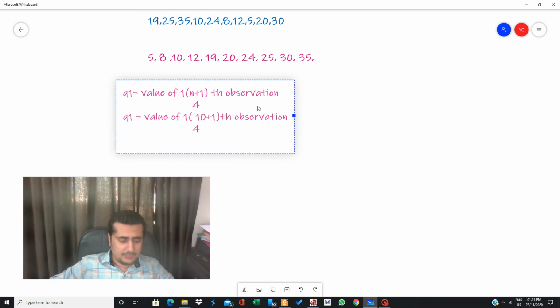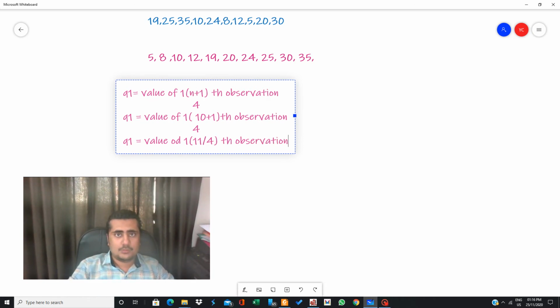If I solve this, it's 11 by fourth observation.